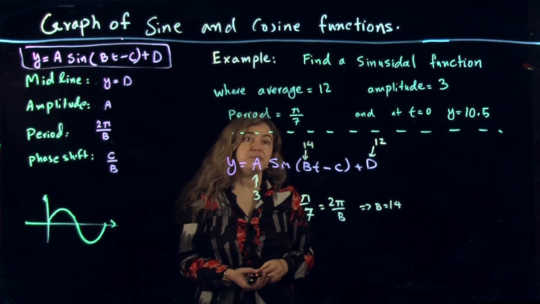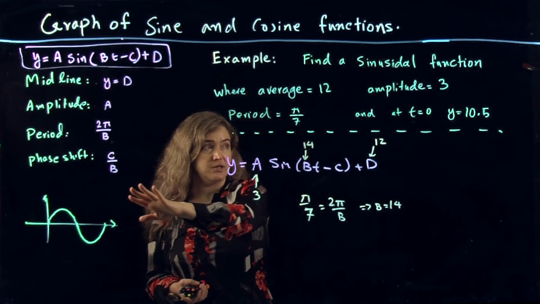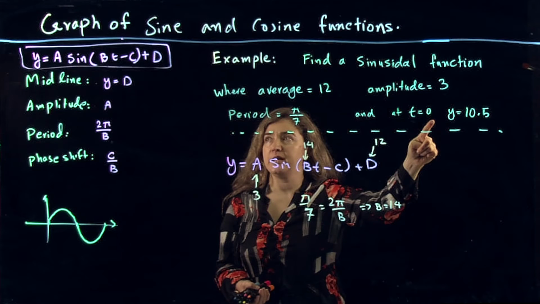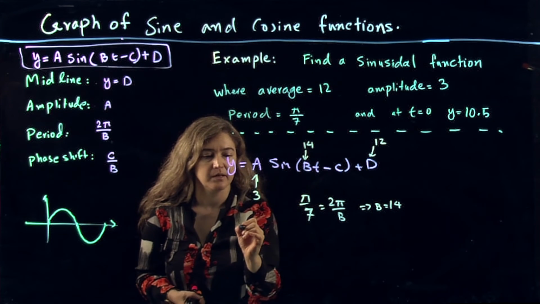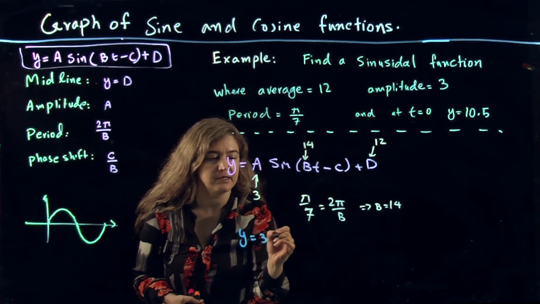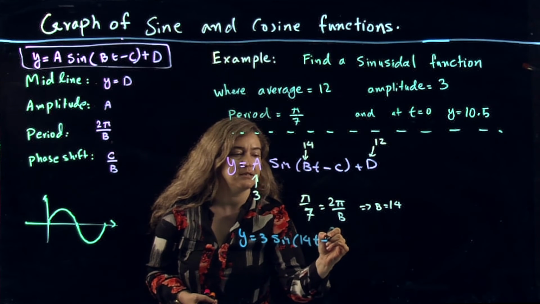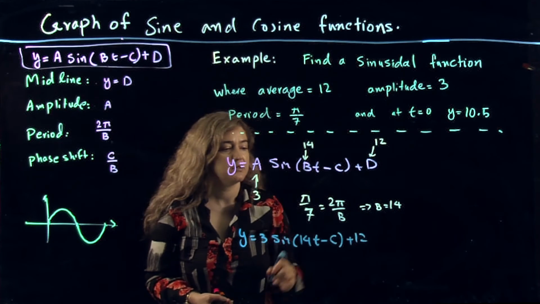And the last step is, this time I'm not going to use the phase shift. I'm just going to plug in t equal to 0 and see what happens. Let's rewrite this. Y equal to 3 sine of (14t minus C), C is the one that I haven't figured out, plus 12.